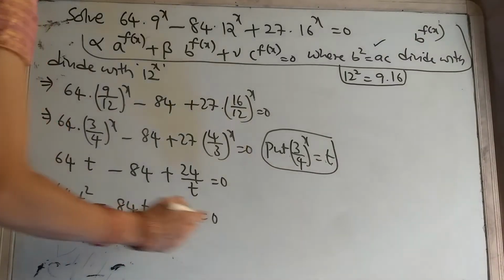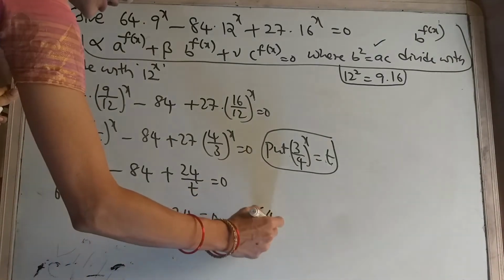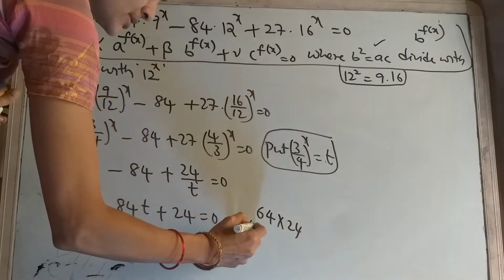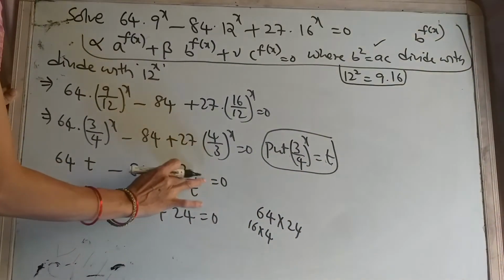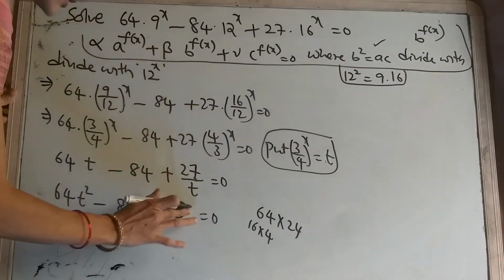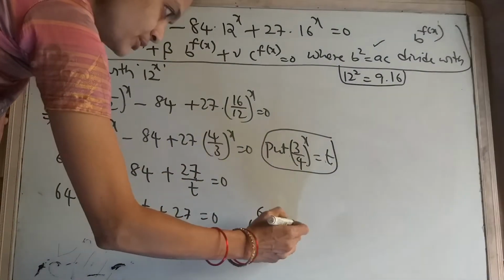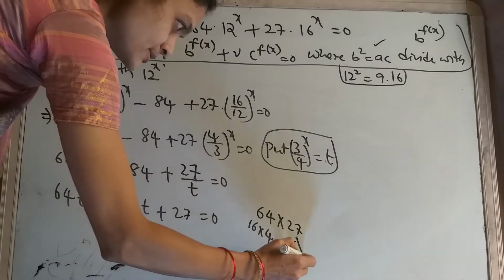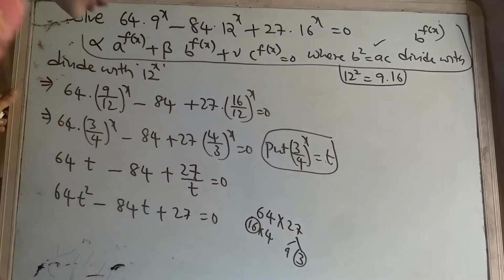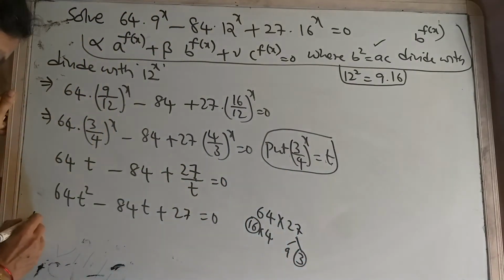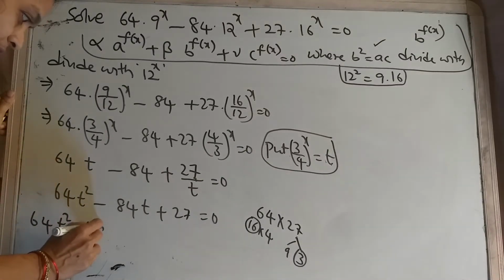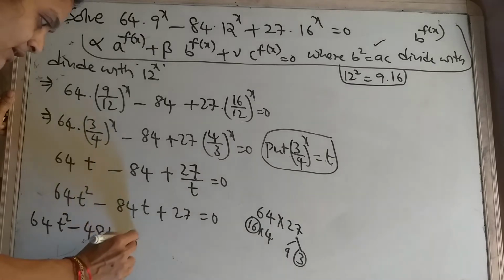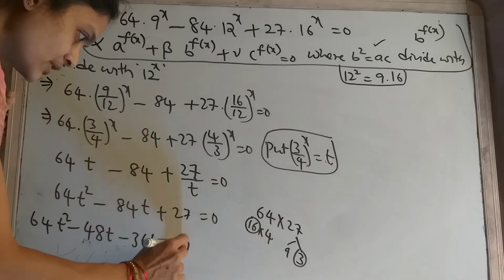64 into 27: 16 fours, 9 threes; 16 fours are 48, 9 fours are 36. Then 64 t square minus 48 t minus 36 t plus 27 equal to 0.